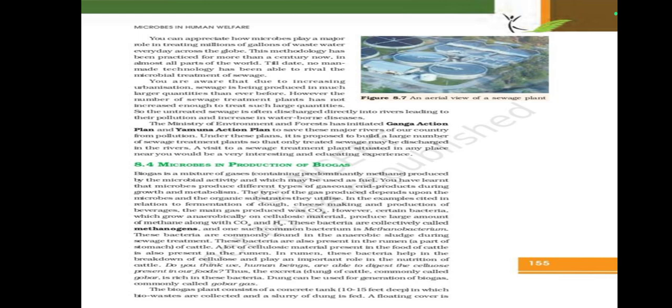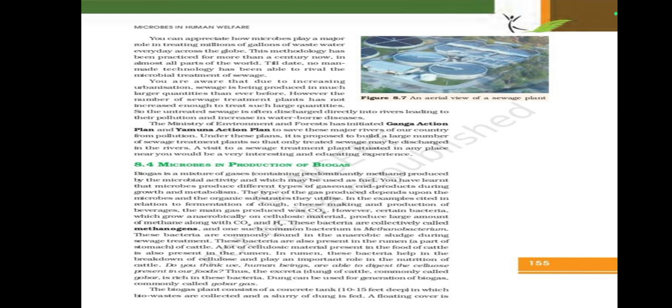However, certain bacteria which grow anaerobically on cellulose or cellulosic material produce large amounts of methane along with CO2 and H2. These bacteria are collectively called methanogens, and one such common bacterium is Methanobacterium. These bacteria are commonly found in the anaerobic sludge during sewage treatment.